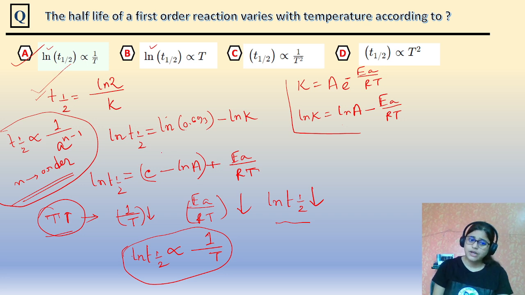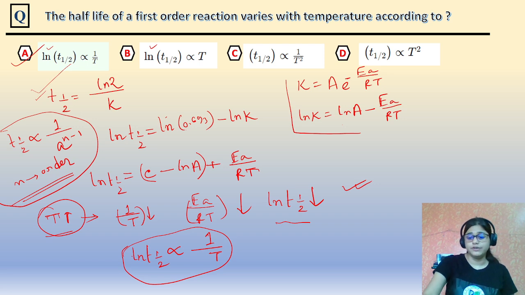And this constant value, if we forget about it, then after increasing the temperature, 1 by T will decrease. And since 1 by T is decreasing and this is a plus sign, this whole part will decrease. If the whole part decreases, then ln t half will also decrease. Like this way, you can solve these kinds of questions easily.